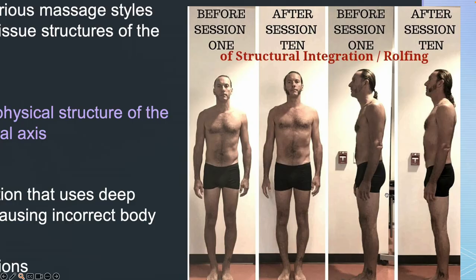Look at his booty right here, and you'll see how it tucks differently. It looks like the pelvic tilt, this is what I'm looking for. It's different. So this is more of a flat back.